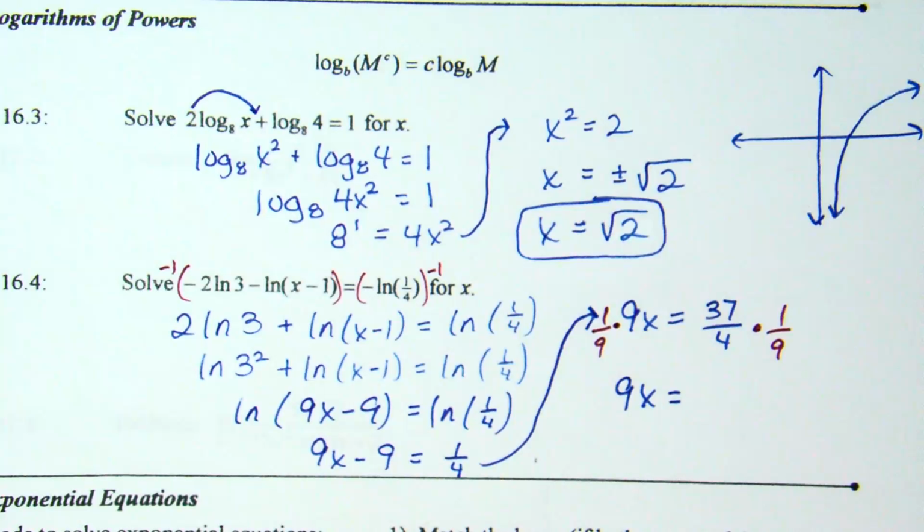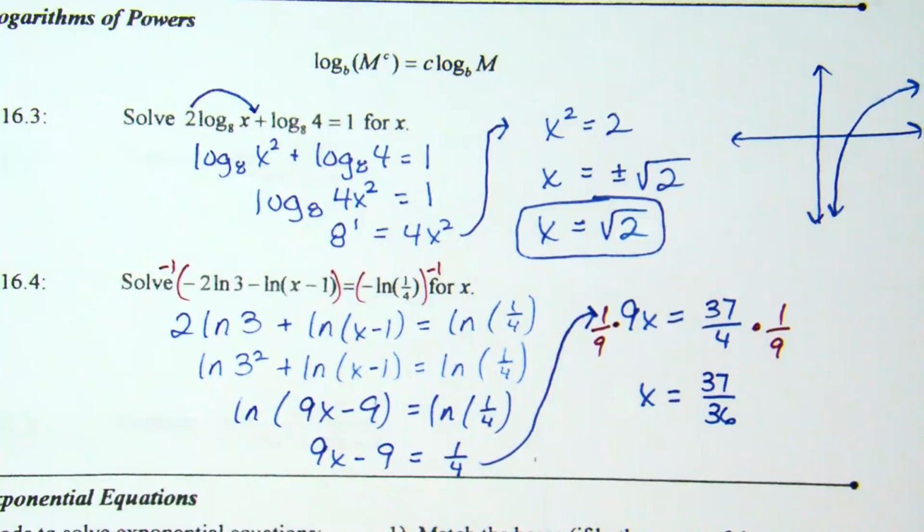I caught this one before Trevor could get me though. Okay, x equals 37/36. Mallory had definitely already noticed because she said it as soon as I said it. Okay, questions there? Nope. Okay.